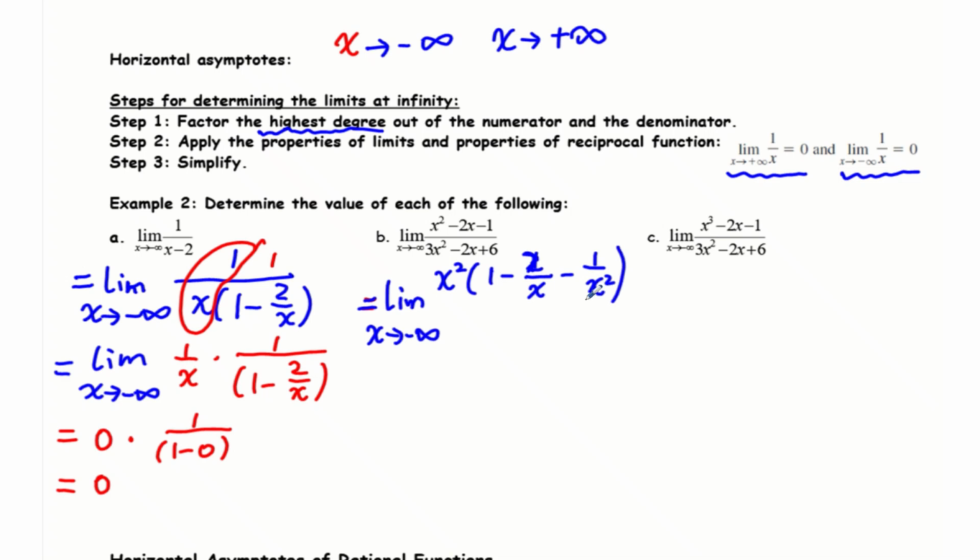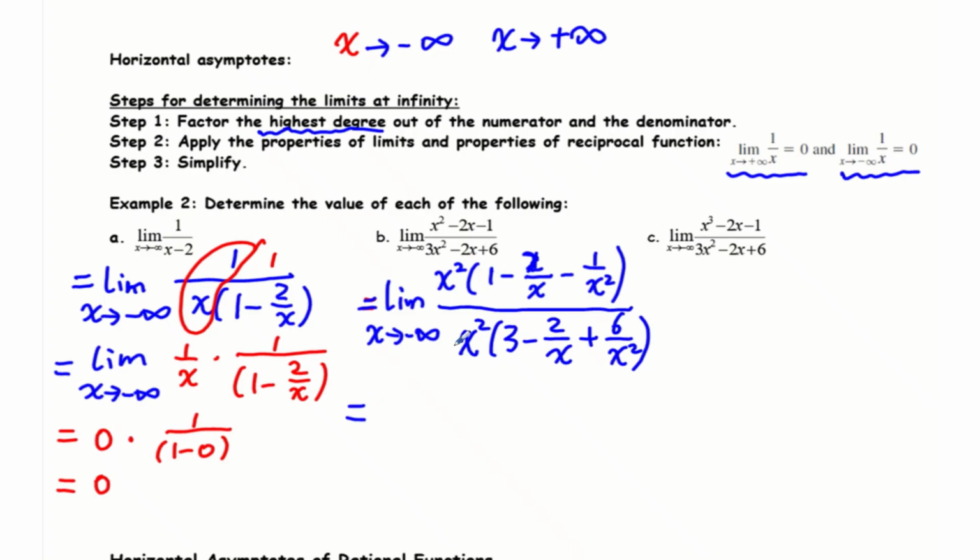The reason why we want to do this is because we want to have 1 over x. 1 over x, when x approaches infinity, gives us 0. So that's the reason we want to factor the highest degree of x out. Do the division: 3 minus 2 over x plus 6 over x squared.